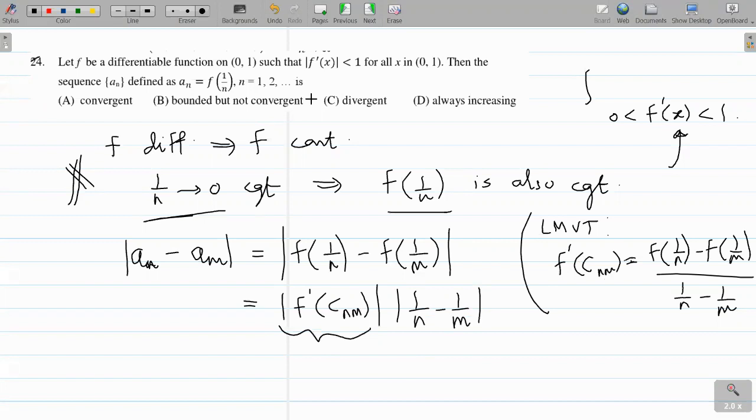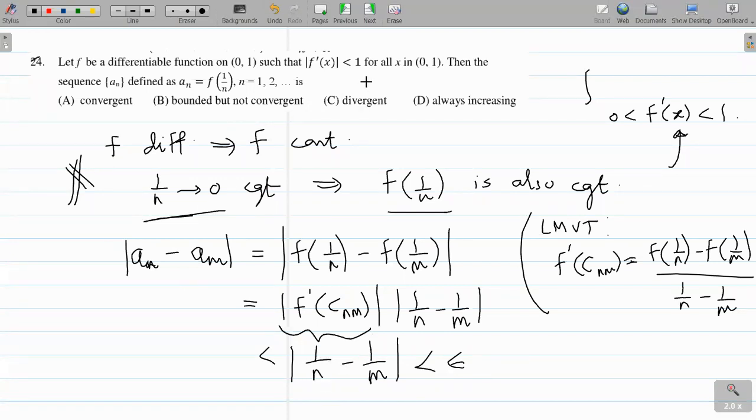Now you see this is bounded. This is less than 1 times this. And now this can be made less than epsilon for any given epsilon. I can find some n naught such that this difference is less than epsilon, because 1 by n is a Cauchy sequence.